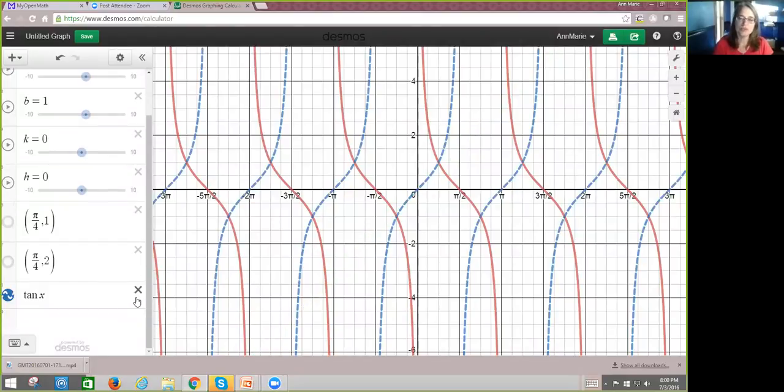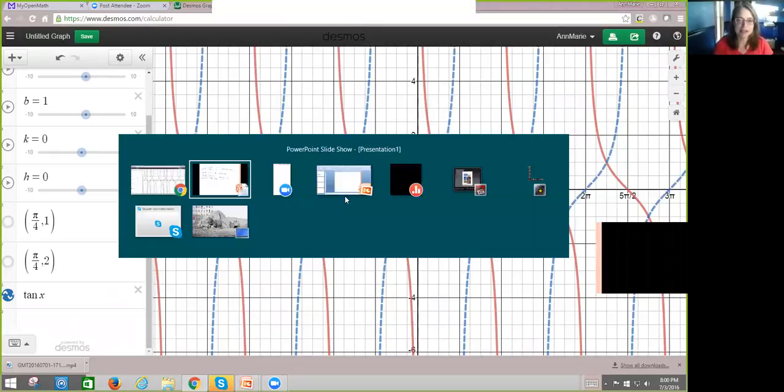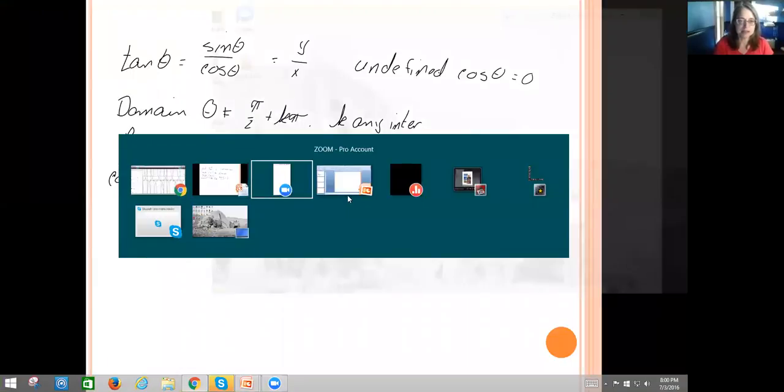So here's what you need to remember. Cotangent is 1 over tangent, which means that cotangent is undefined wherever sine is equal to 0.